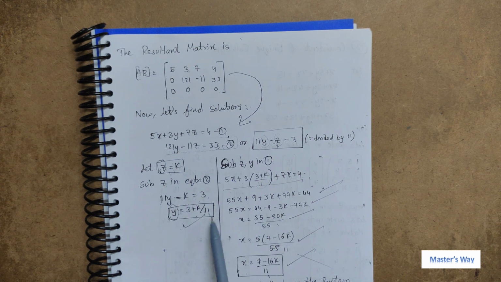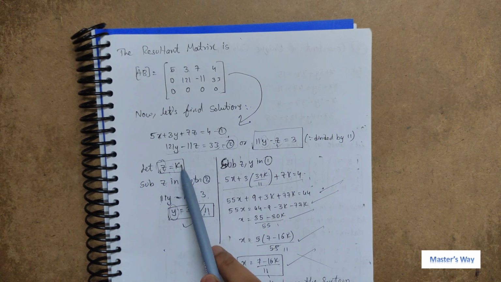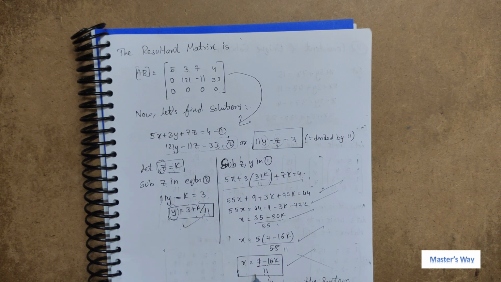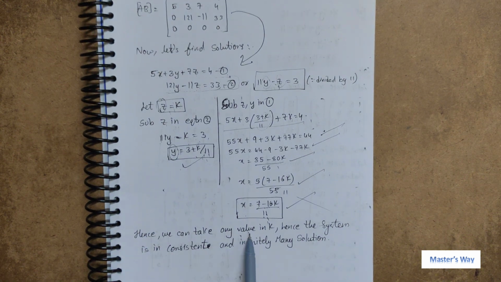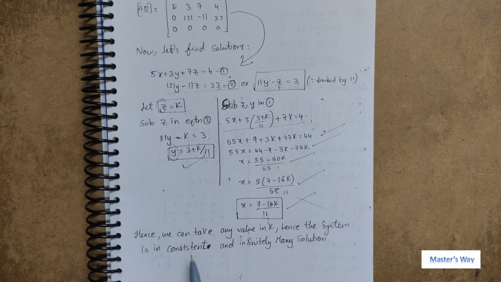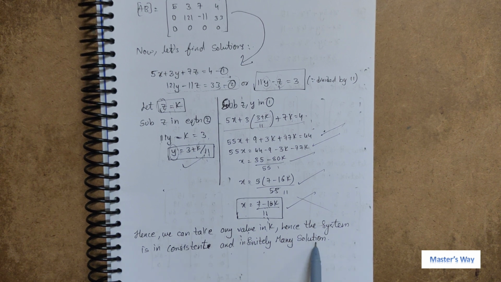If we keep k value 1, then z equal to 1, and here y equal to 3 plus 1 by 11, x equal to 7 minus 16 by 11. So we will get a single set of values. So we can say that we can take any value for k. Hence, the system is consistent and it has infinitely many solutions. Why?